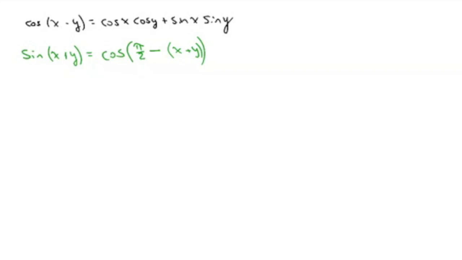This is one acute angle. This is the other, 90 minus whatever that first angle was. Because the sum of the two is 90, you subtract x from it. This angle is x plus y.